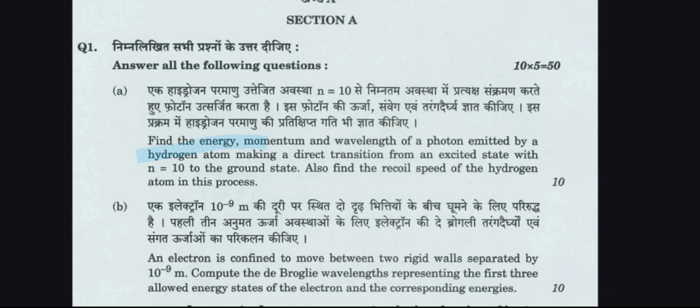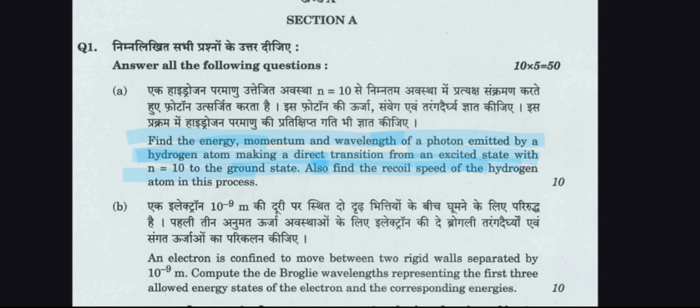Find the energy, the momentum and the wavelength of a photon emitted by hydrogen atoms making a direct transition from an excited state with n equals 10 to the ground state.